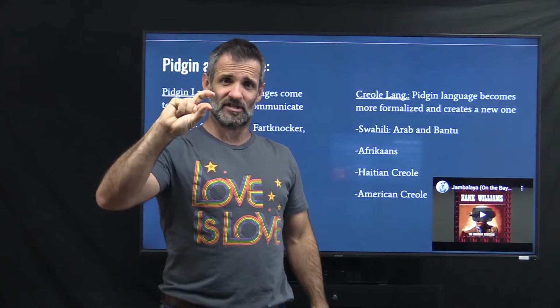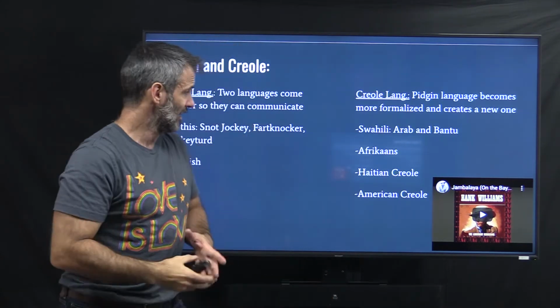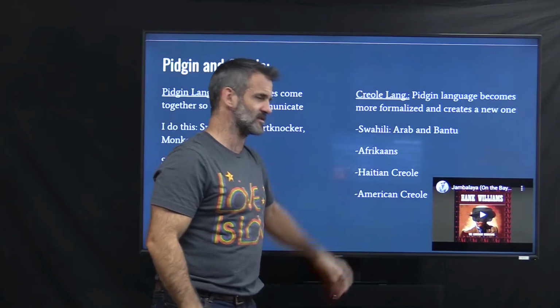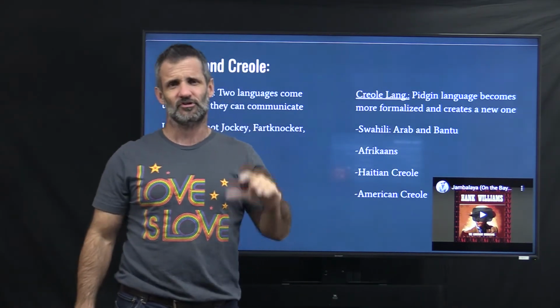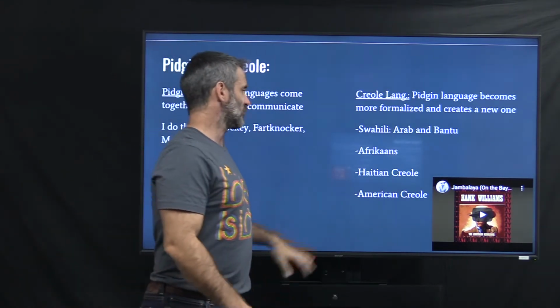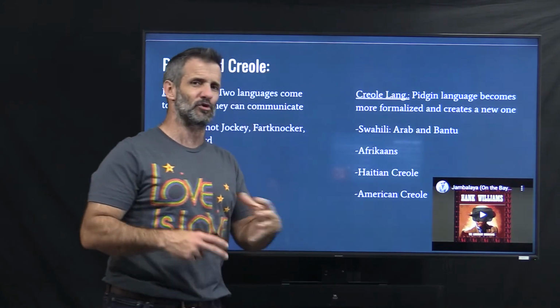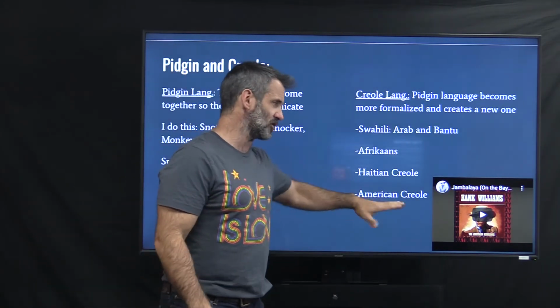It combined together as they did trade and different things. You also have Afrikaans, in South Africa, which is a combination of Dutch, English, and the Zulu African language. You have Haitian Creole, which is the most lasting dominant one in the Americas. But you also have American Creole.